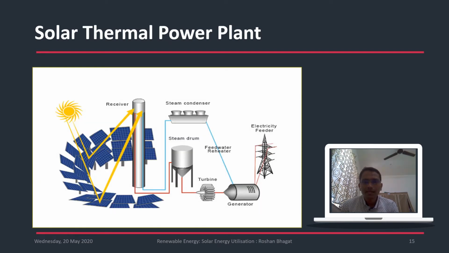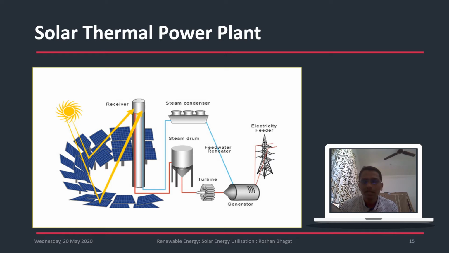As we discussed earlier, the conventional thermal power plant we are aware of can be replaced with solar collectors, a number of solar collectors reflecting the radiation at a single point. That will be called a receiver. This receiver will act as the solar radiation absorbing medium, and in that case the water will be converted into steam.